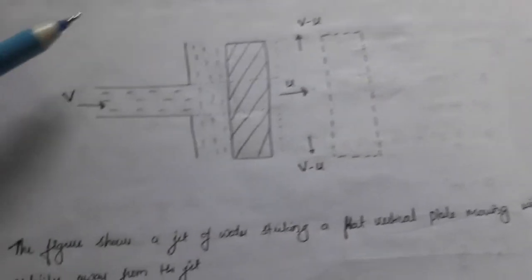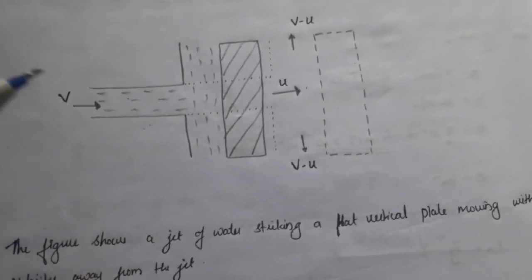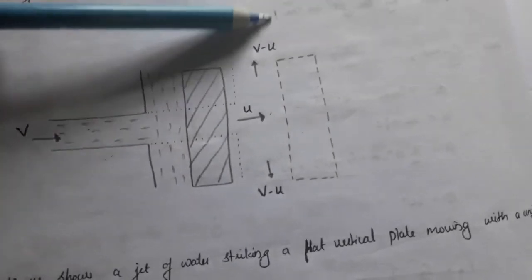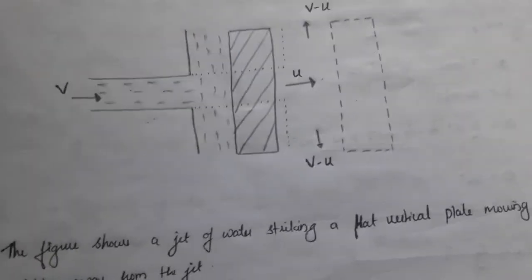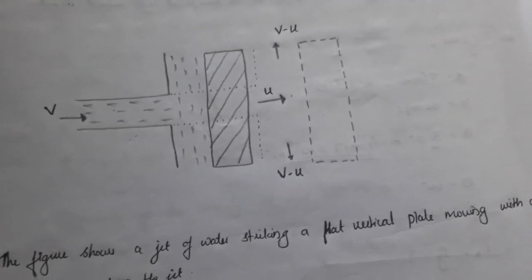V here means the velocity of the jet, or the absolute velocity, and V minus U means the velocity of the jet with respect to the plate.